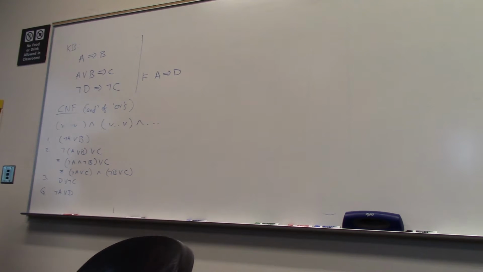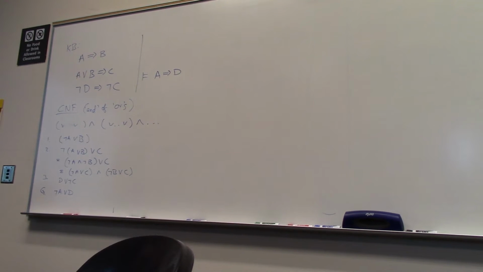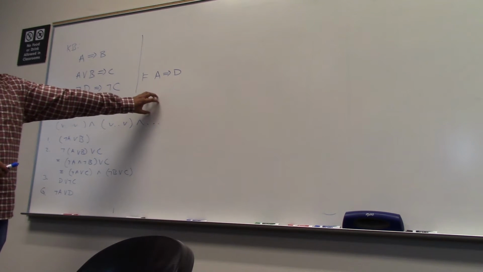The way we approach this is we assume that it's false, and show that it's inconsistent, which means it should be true. If we negate it and it's still consistent, that's bad.